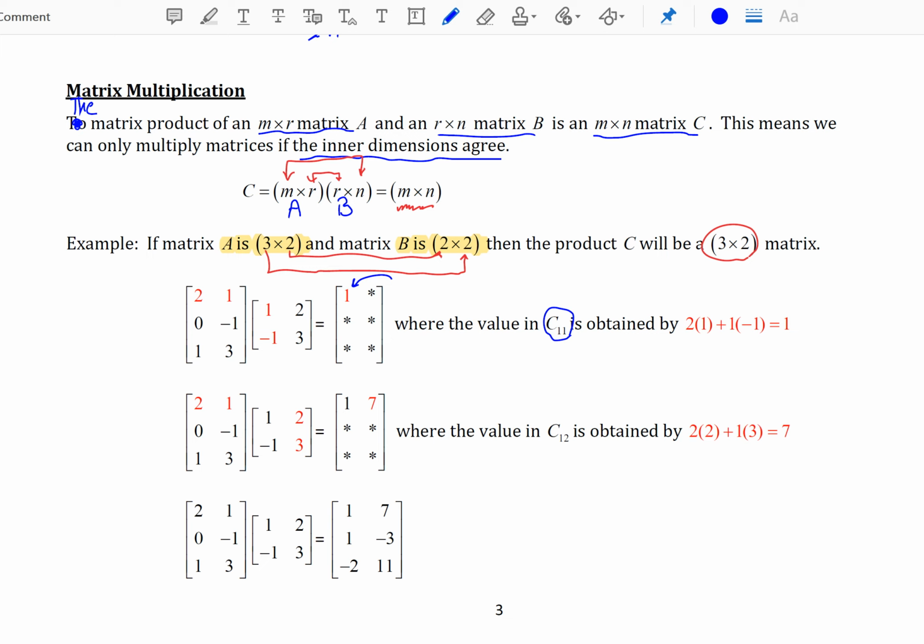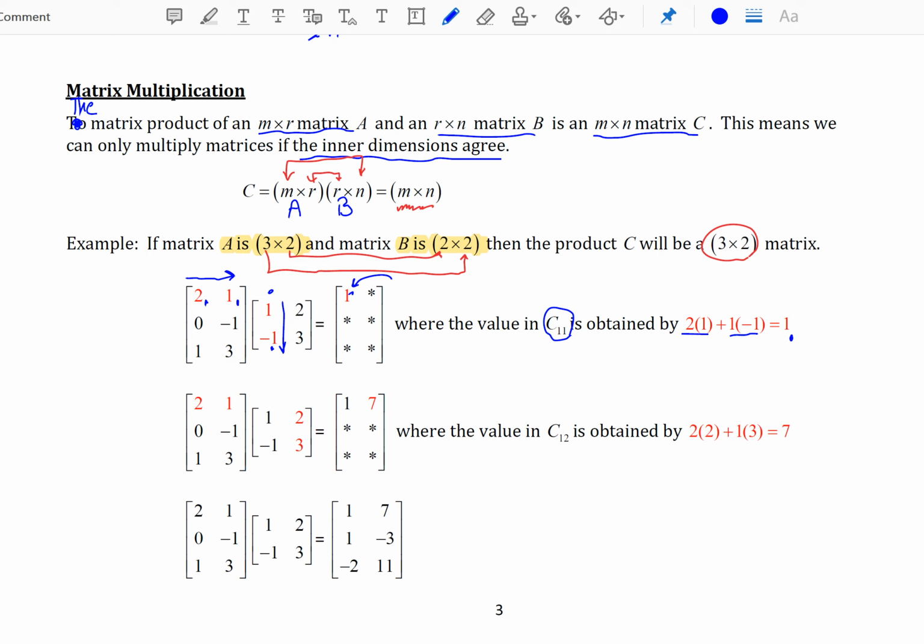And the way you come up with the C11 entry is you multiply the entries in the first row of A times the entries in the first column of B, adding them up as you go. So you'll have the value 2 times 1 plus the value 1 times negative 1. And this should come out to be 1. And that's why this entry here is a 1.